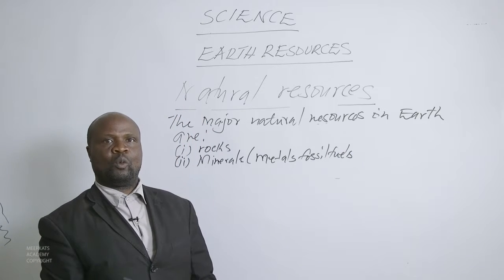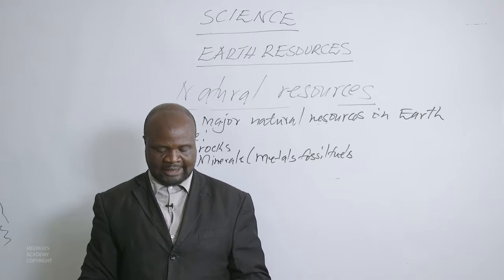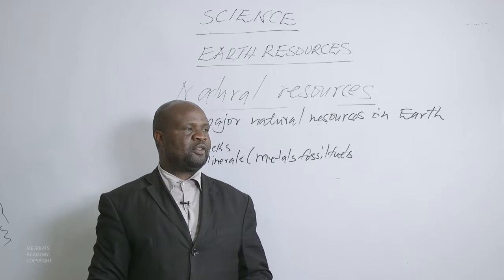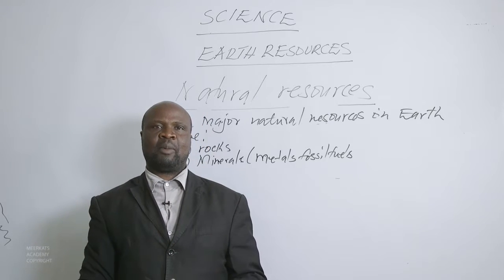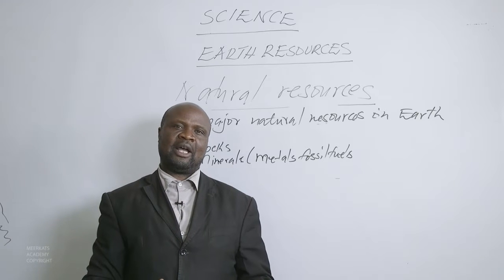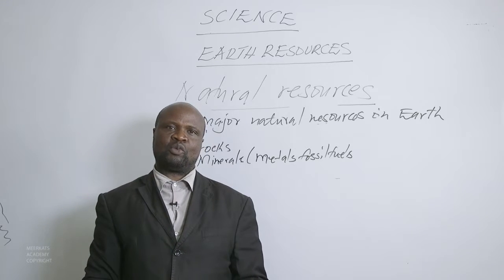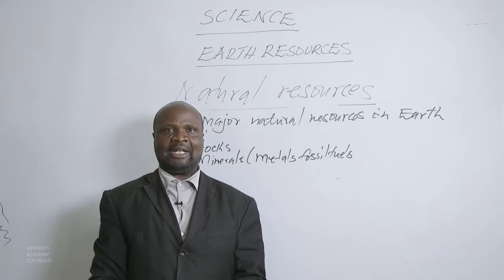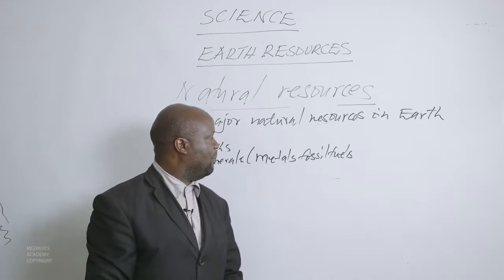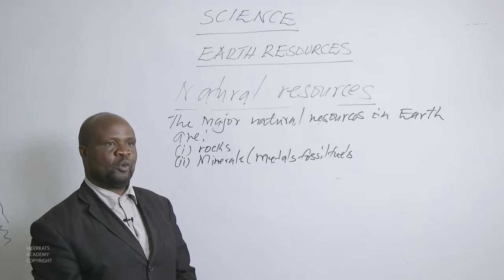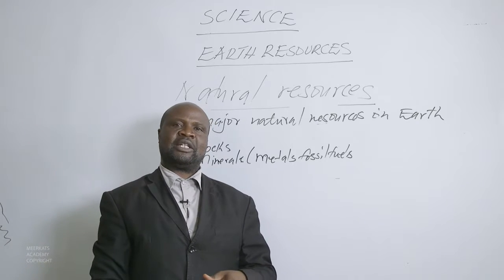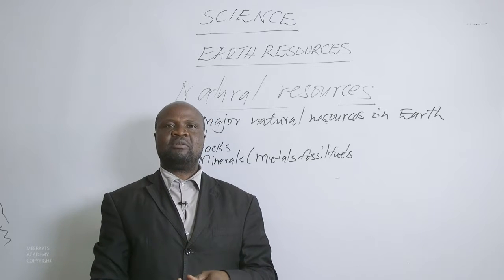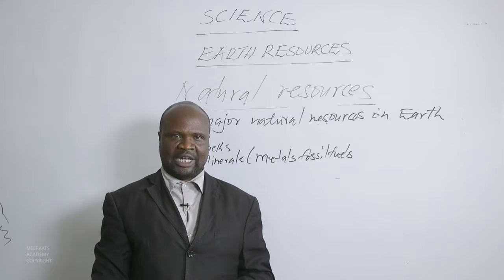What happens when we are talking about fossil fuels? We have heard about coral reefs. First, they are living organisms, but when they die, they form coral reefs. Some of them, when they die and under compression, form fossil fuels. These are fuels that are derived from dead organisms that died many thousands and millions of years ago.